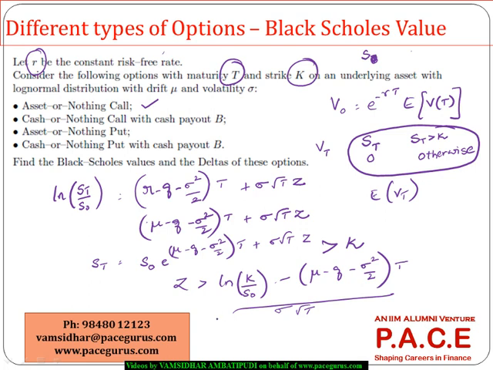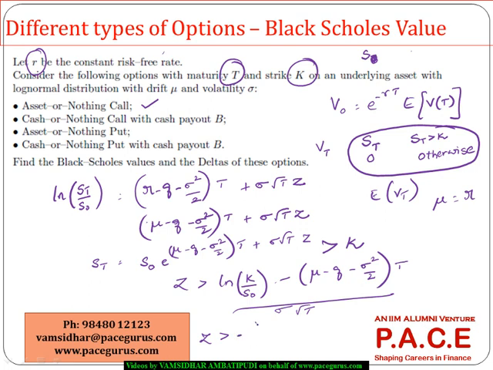In case I am assuming mu the same as r, then it becomes z greater than whatever I am substituting, log K by S naught.